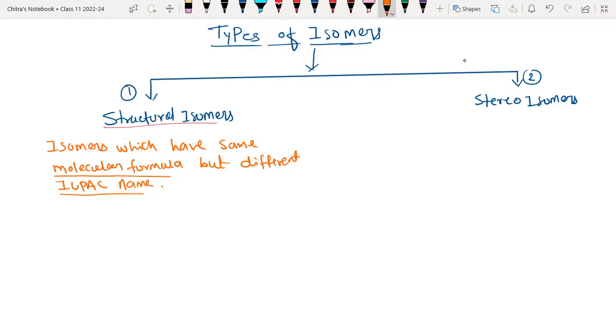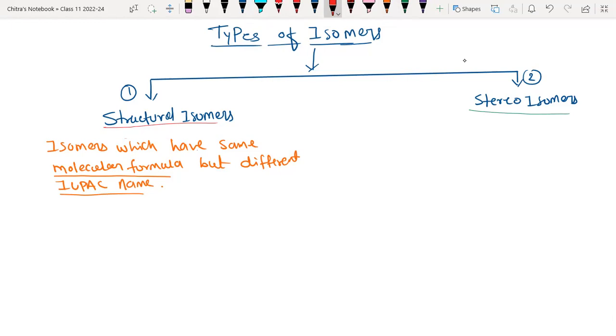Okay, so what do you mean by stereoisomers then? They are the isomers having the same molecular formula as well as the same IUPAC name, but different in arrangement, or we can say difference in their orientation.